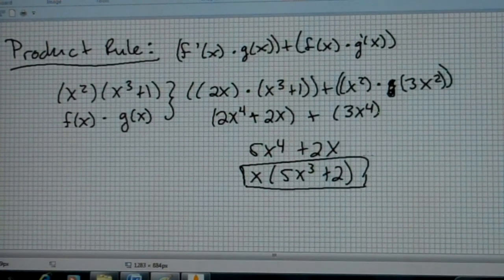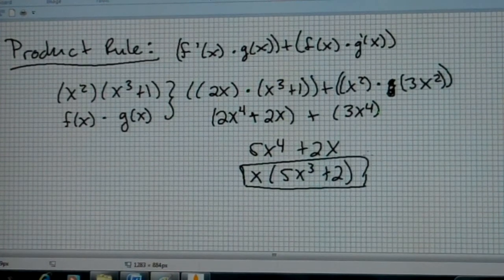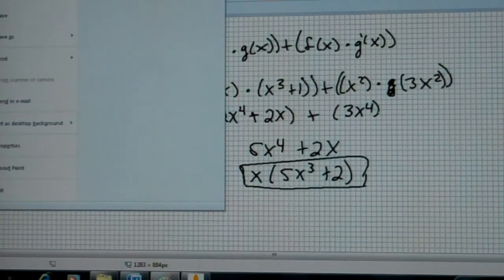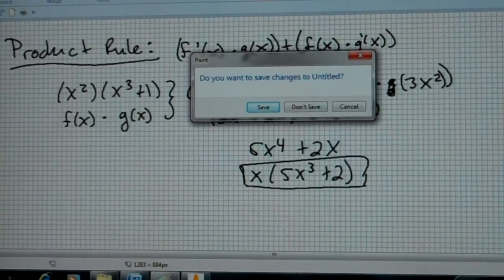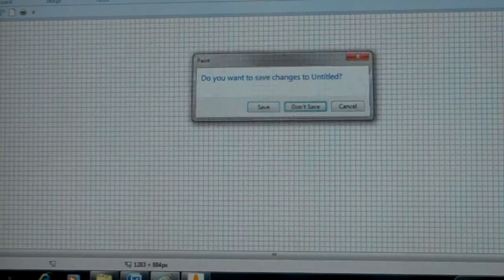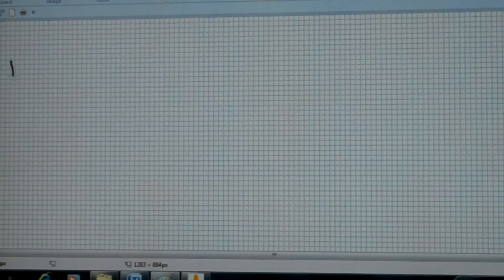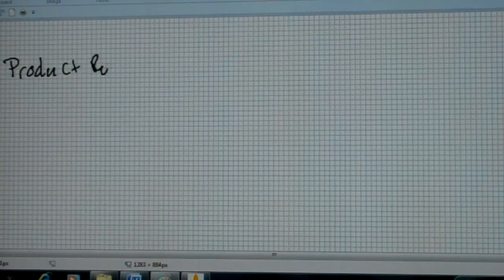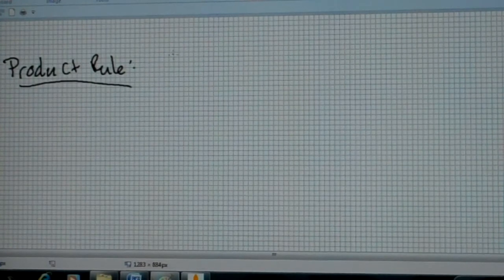Now for another example of the product rule, the next one will also be product rule. And this one's going to deal with an e to the x.